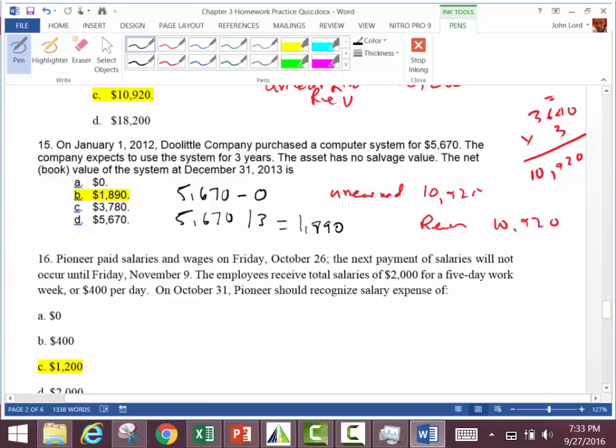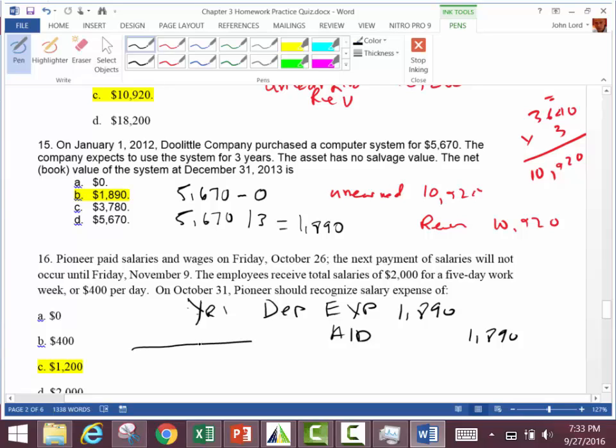And so for year 1, I debit depreciation expense $1,890, and I credit accumulated depreciation 1,890, right?